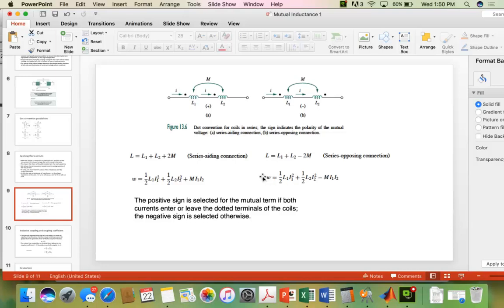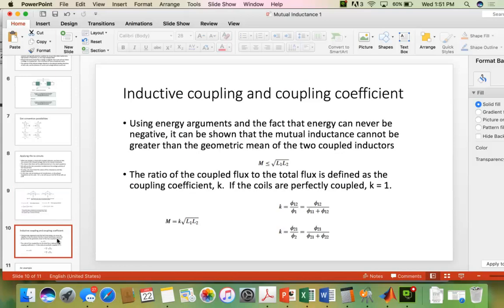So the lowest W that you could possibly have would be when W is equal to 0. That's going to put a condition on the relative values of M, L1, and L2. If you work through the math, what you find out is that the mutual inductance can't be greater than the geometric mean of the two coupled inductors. So M is always going to be less than or equal to the square root of L1 L2.